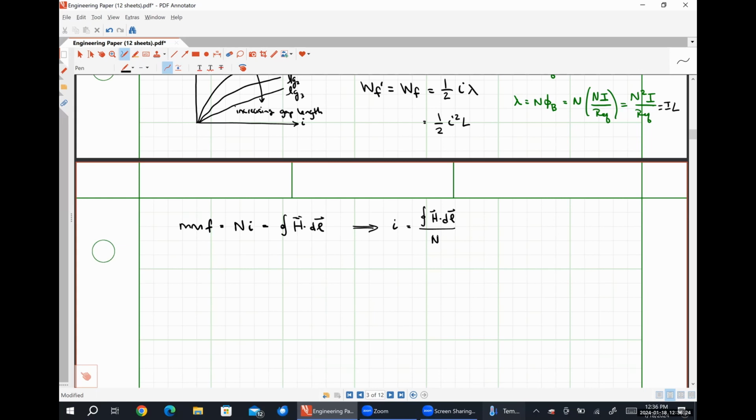We also know that our flux linkage is N times our magnetic flux, which is simply our magnetic flux density B times the area.